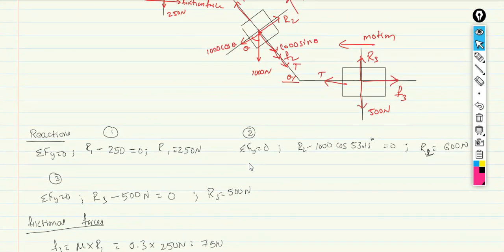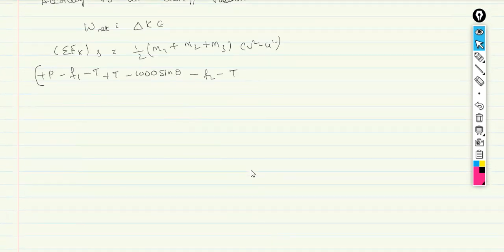Coming to block 3, here block 3 is having the motion left side, so T is also acting left side, so T is positive, but F3 is opposite to the motion, so F3 is negative. So I can say minus T plus F3 into displacement S is equal to half into, so you know W is equal to mg, so M is equal to W by g.